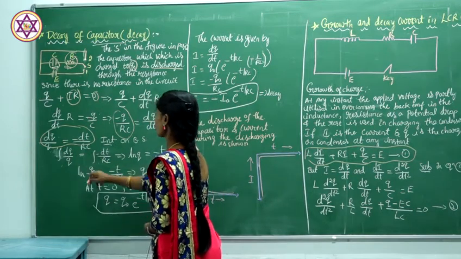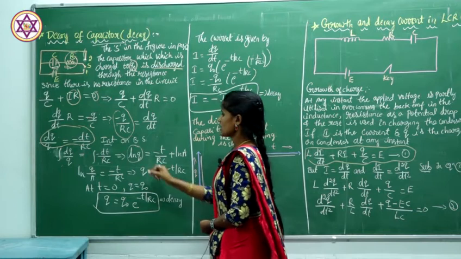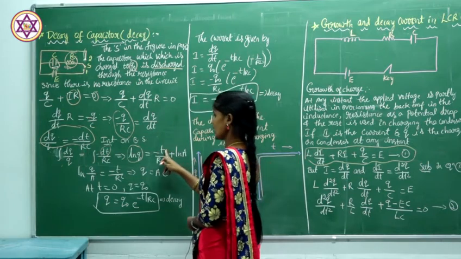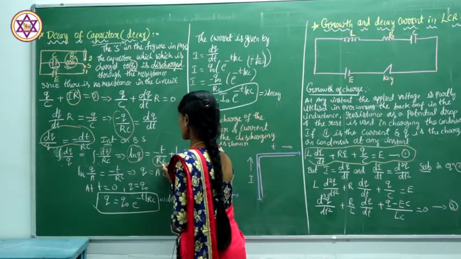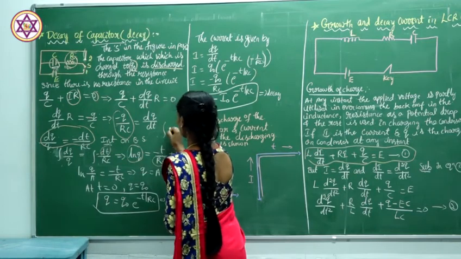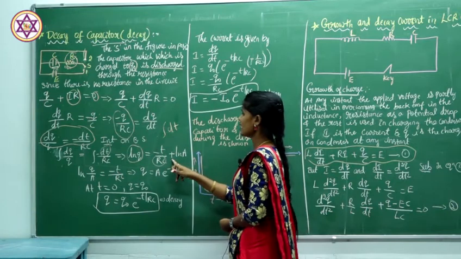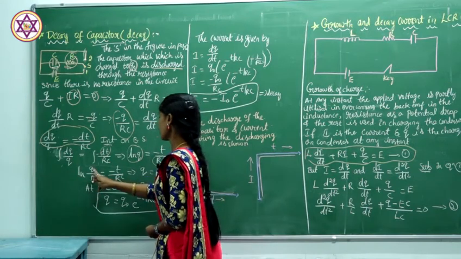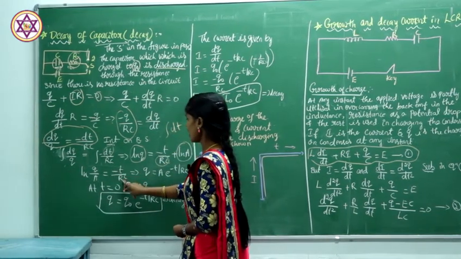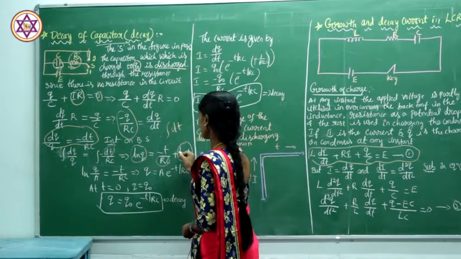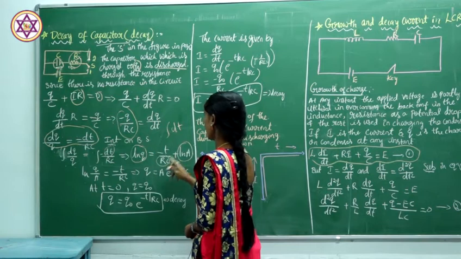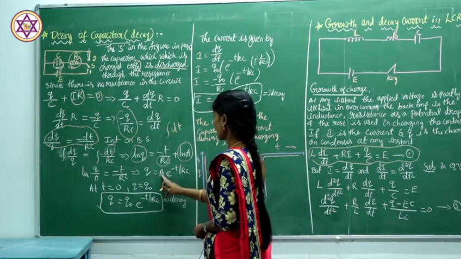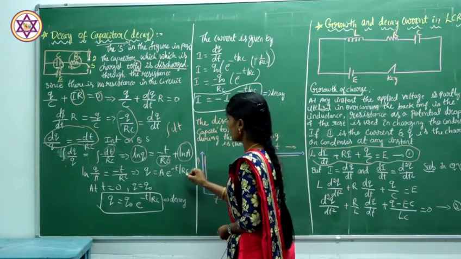Integral of dQ by Q is nothing but ln Q, which is equal to minus 1 by RC, a constant, taken outside, times the integral of dt, which is t plus a constant. The constant we can write as ln A. So ln of Q by A is equal to minus t by RC, which becomes Q is equal to A into e to the power of minus t by RC.